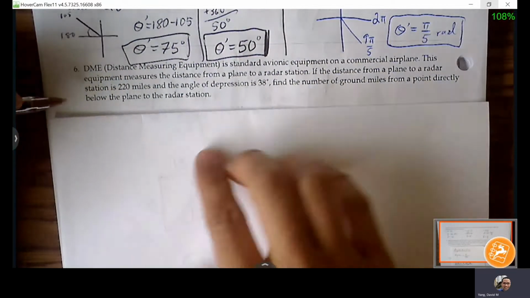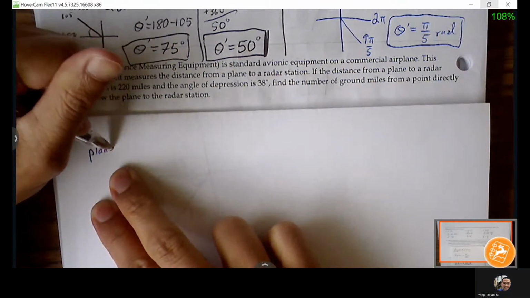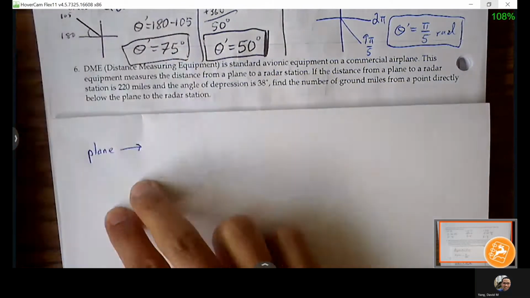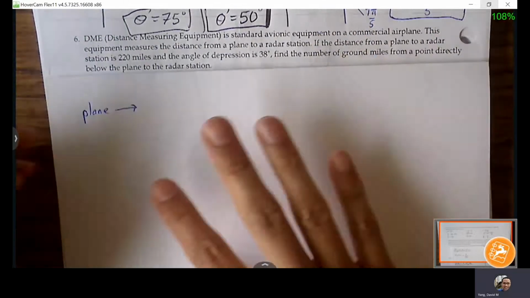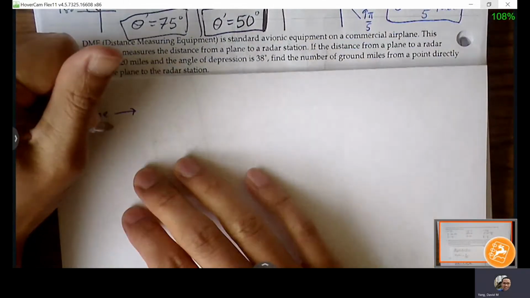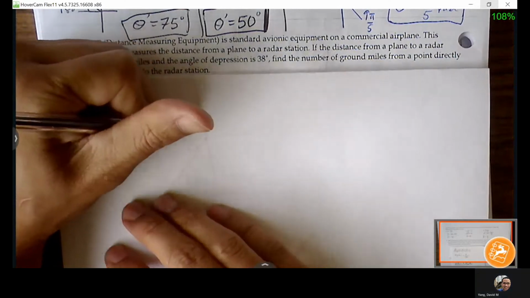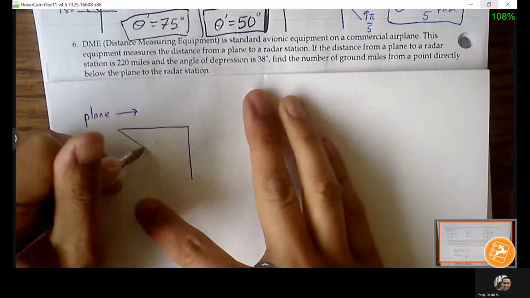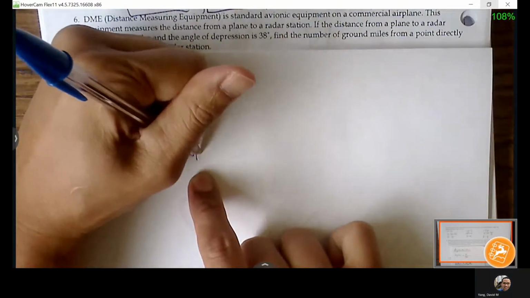So let's say we have a plane. Flying in the horizontal direction, and let's say we drew it this way. And then the radar station is down here.